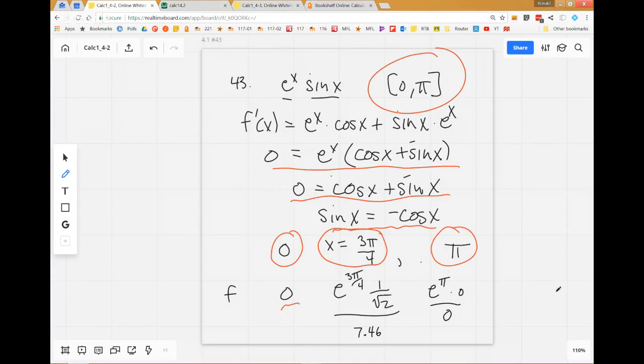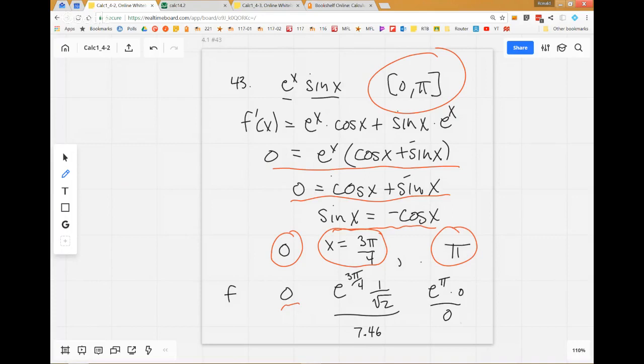And then pi: e to the pi times the sine of pi. Sine of pi is 0. So basically we have 0, 7.46, and 0. What's the high? 7.46. What's the low? 0. End of problem.